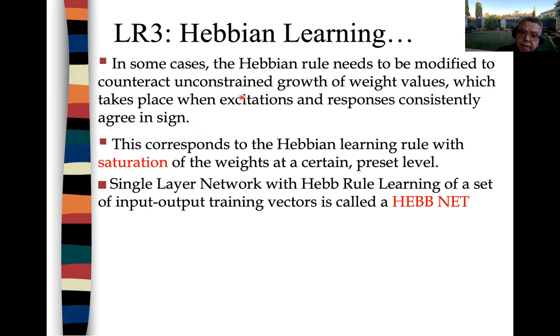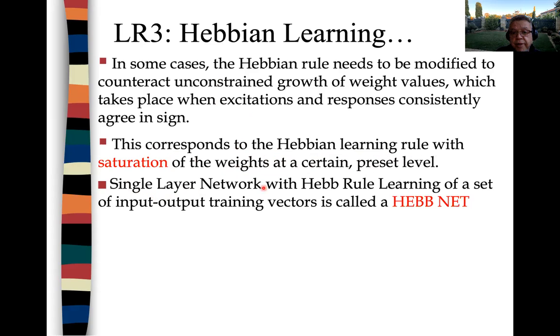So in that case, you would need to do something, and this corresponds to the Hebbian learning rule with saturation of the weight at a certain preset level. So every time the weights reach a certain preset threshold, you saturate. You don't increase the weight anymore.